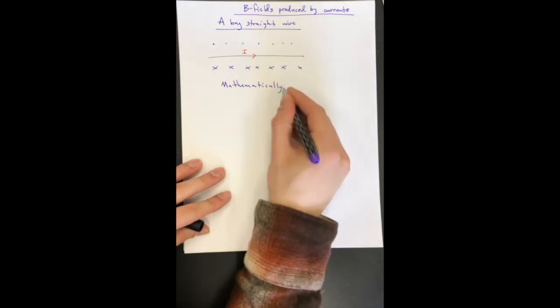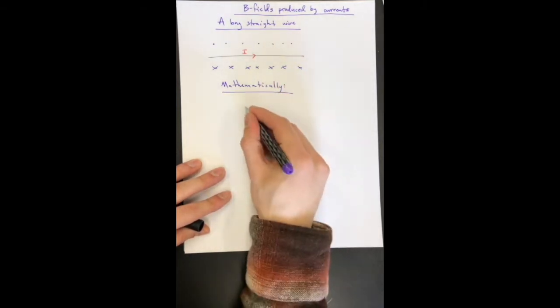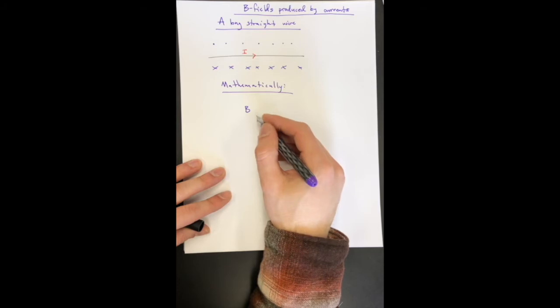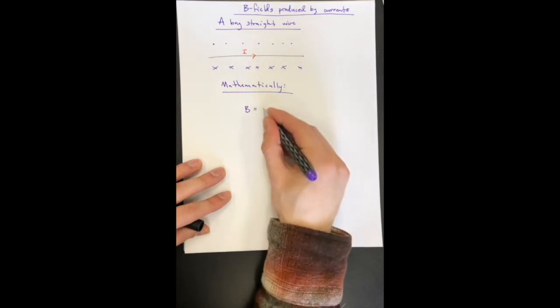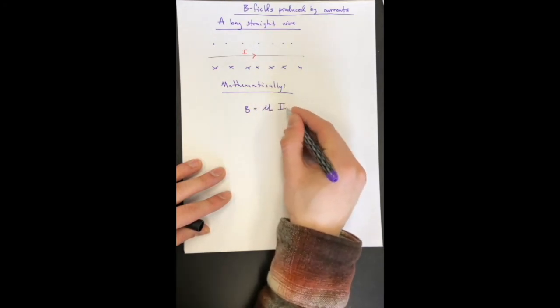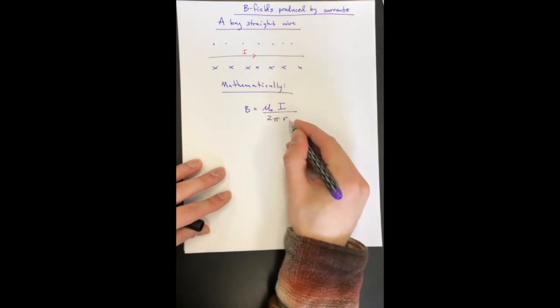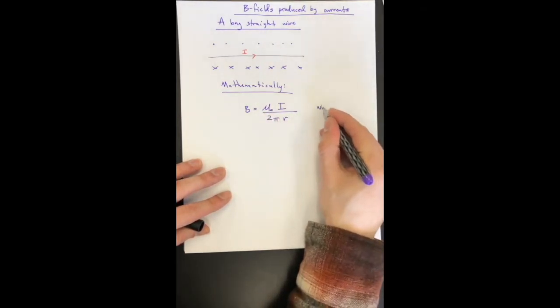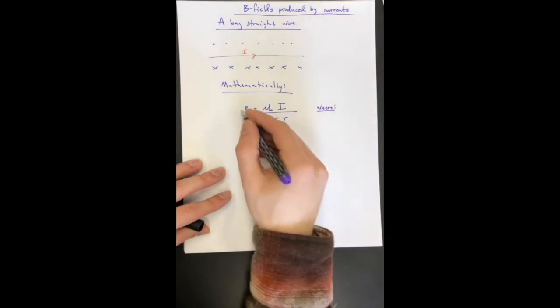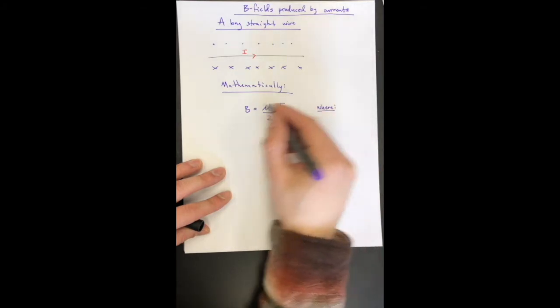So this was the diagram. Mathematically, we know that the B field produced by that wire will be equal to mu sub O I over 2 pi r, where r, so we'll give you some definitions. And this would be the magnitude of the B field.